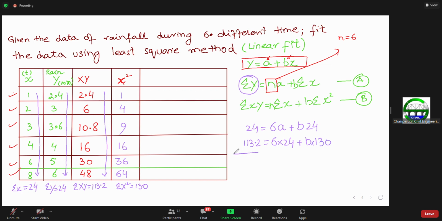So can anyone find the values of a and b from here?